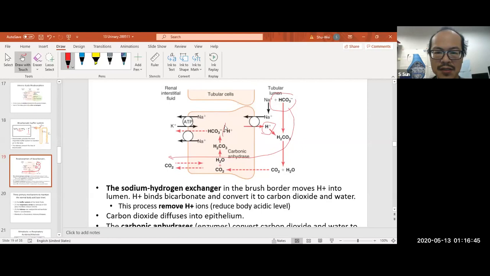In the cell, hydrogen is pumped out. So the only thing you need to remember is that whenever our body reabsorbs bicarbonate, we secrete hydrogen. We removed one hydrogen as an exchange. So that's the only thing you need to remember.